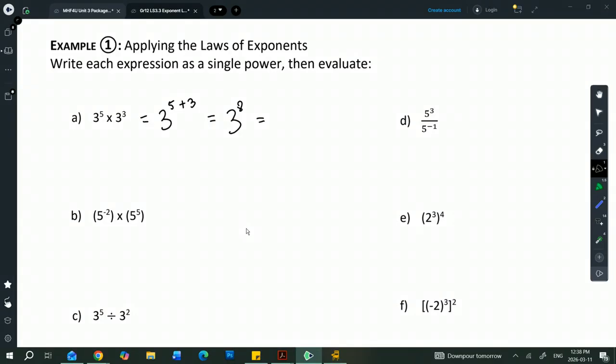And if possible, we'll use our mind to evaluate, but this one's kind of hard to evaluate 3 to the 8, so we can use our calculator for this one. Yep, 6,561. Perfect.